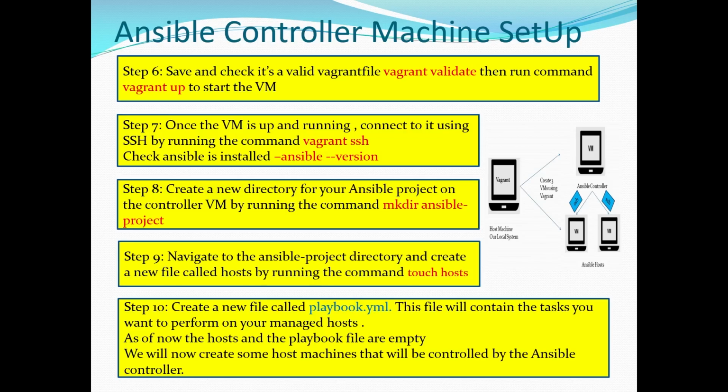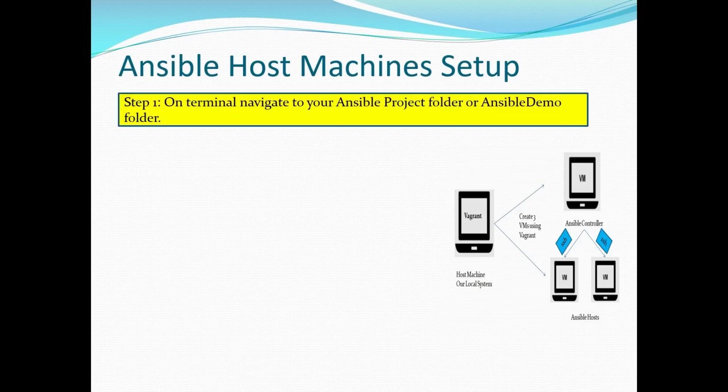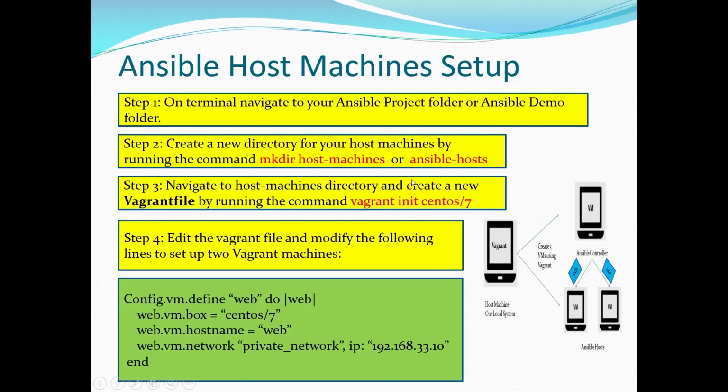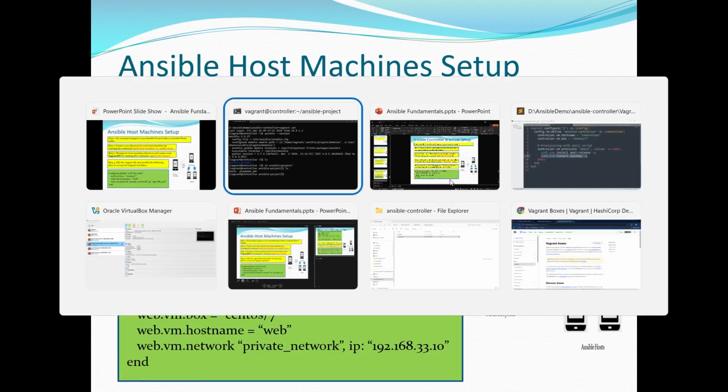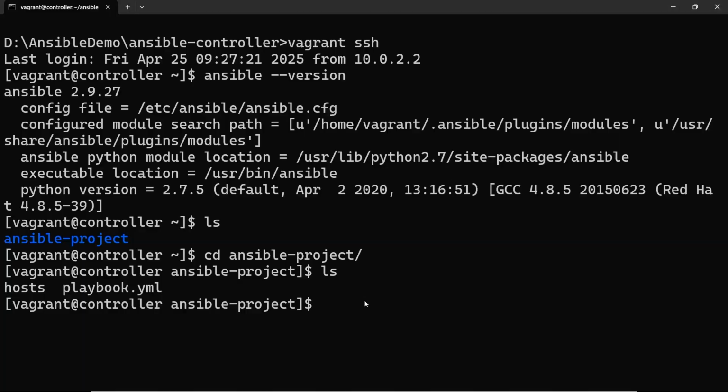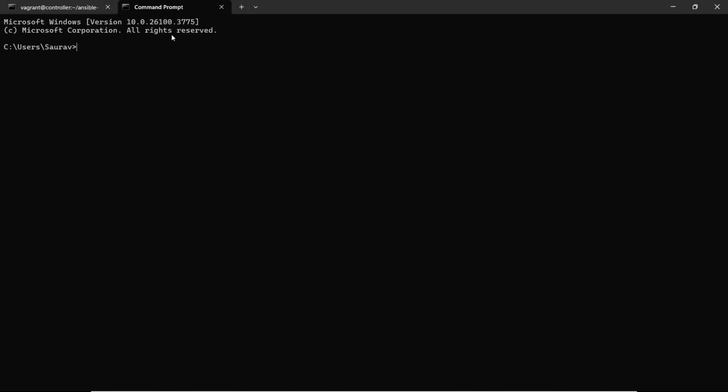Now let's see what we are told to do inside this. You can create a new directory inside the Ansible project, Ansible hosts or something. So what I'll do is open a new command prompt here.